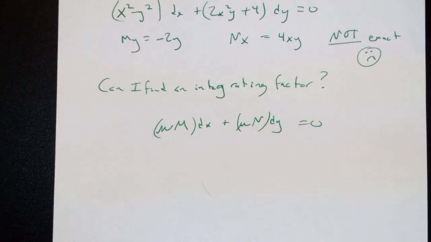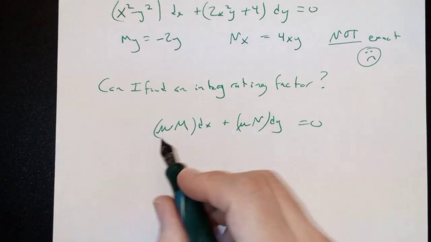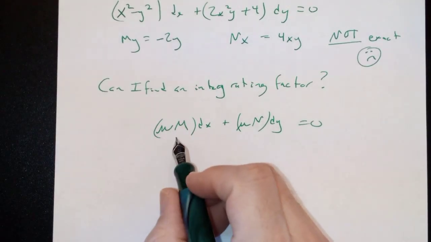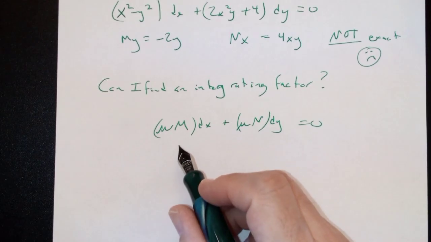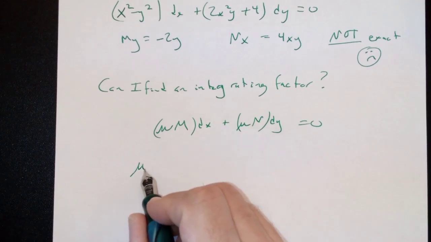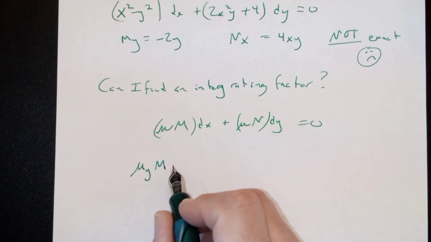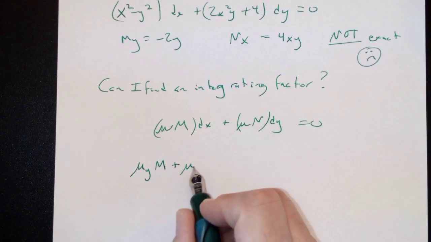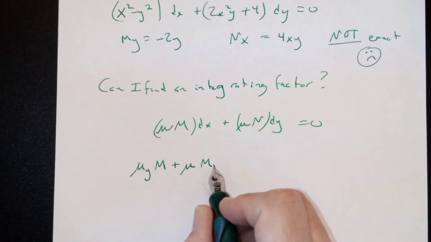Which means I need to check the partial derivative of this thing against the partial derivative of the other. Oh, crud. Wait a minute. I need the partial derivative with respect to y here. But this is a product. So I would have the partial derivative of mu with respect to y times M plus mu times M_y.